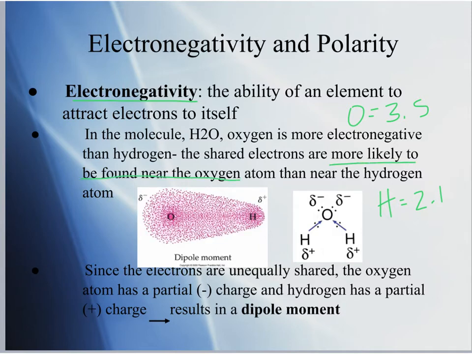So what that means is that oxygen is an electron hog, I like to call them, right? So they're sharing electrons, but they're not sharing fairly. Oxygen is hogging the electrons more than hydrogen. Okay, it's kind of like you and a younger sibling, and you're, quote unquote, sharing the Nintendo Switch, right?